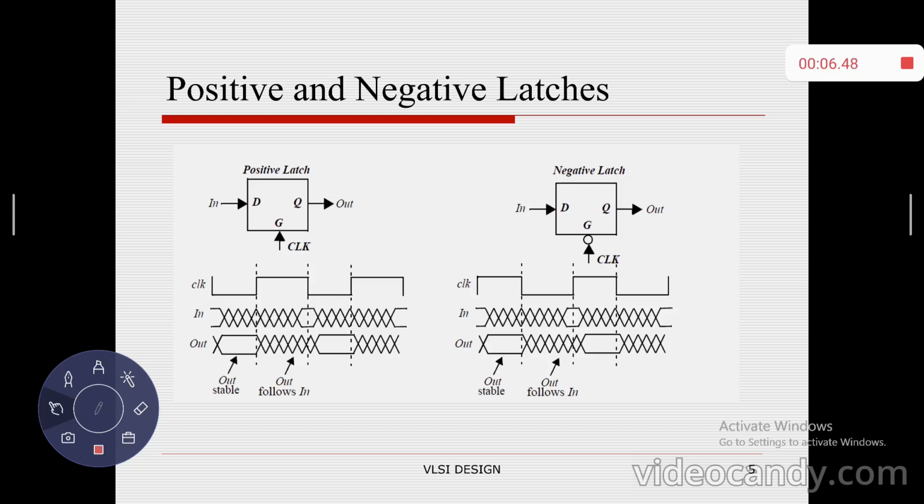In a negative latch, the output follows the input during the logic 0 time interval, and during the logic 1 time interval the output becomes stable. This is the very basic difference between positive and negative latches: the positive latch output follows during logic 1, whereas the negative latch follows the input during logic 0.